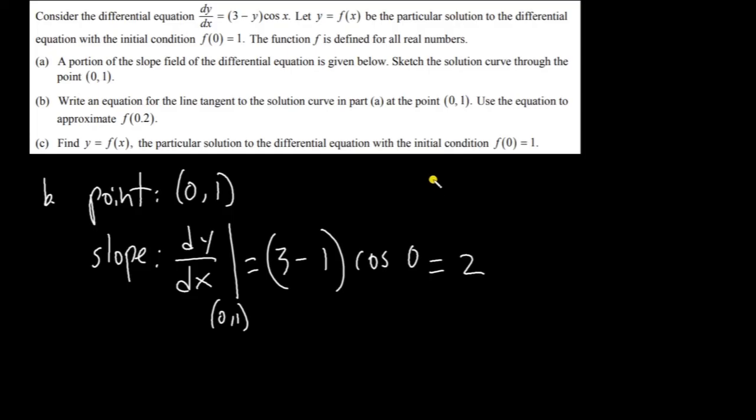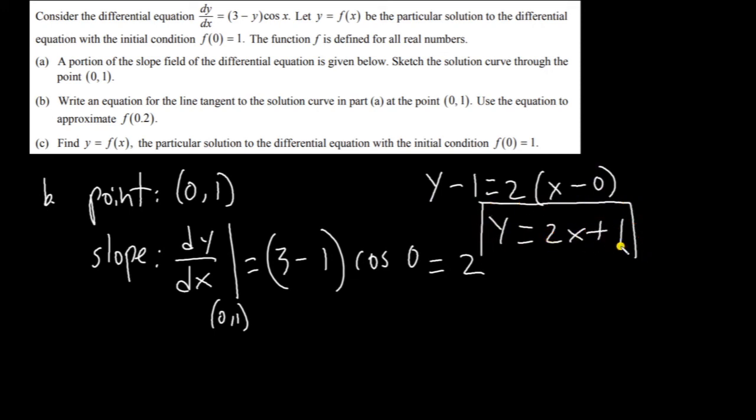Following the standard form, y minus y1, which is 1, equals m, which is 2, times x minus x1, that's x minus 0. Simplifying, this becomes 2x, and adding 1 to both sides, I get y equals 2x plus 1. That's my tangent line.